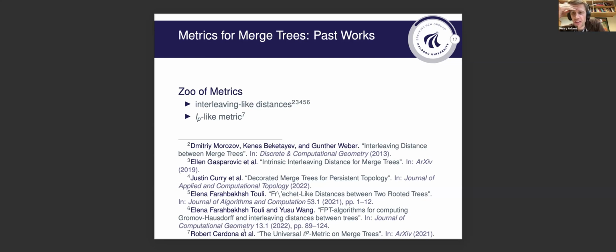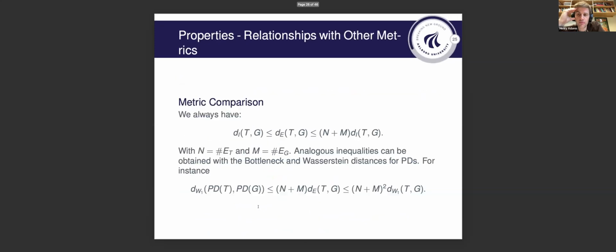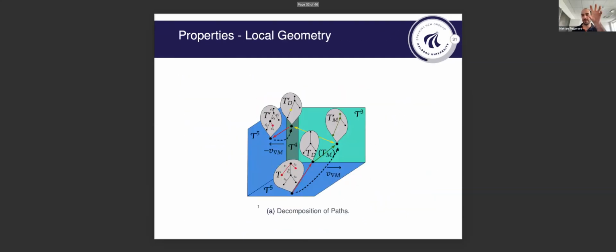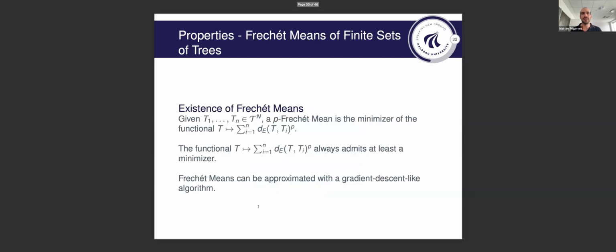Matteo, I wanted to ask a question, and this might be related to non-uniqueness of Fréchet means. The space of merge trees with this distance, does it have one-dimensional holes? Does it have non-trivial pi1 or not? No, you can contract every tree to the tree with just one vertex.